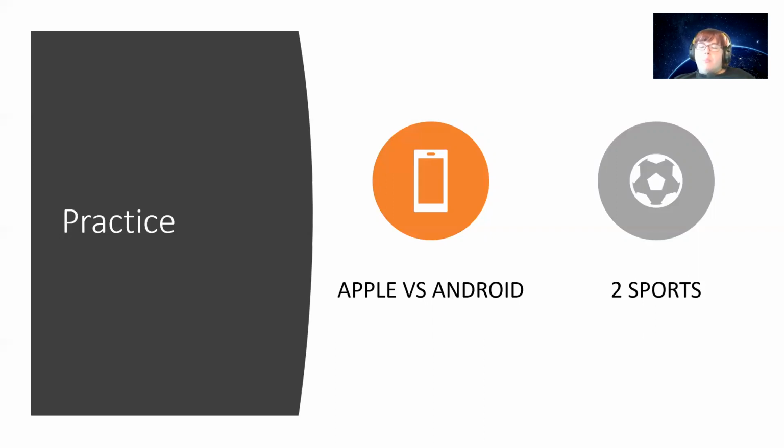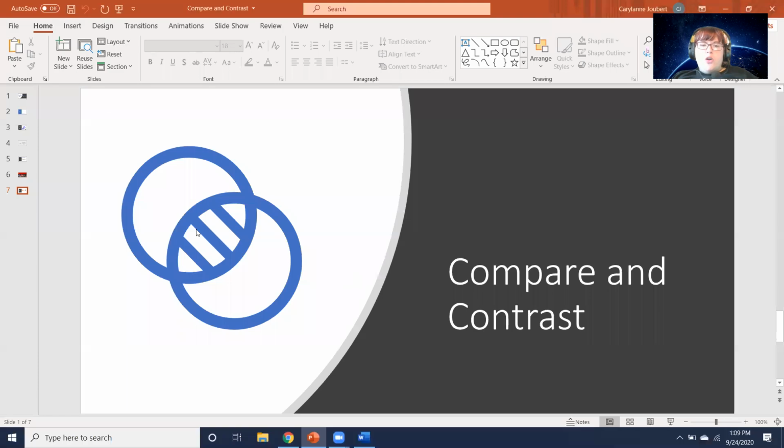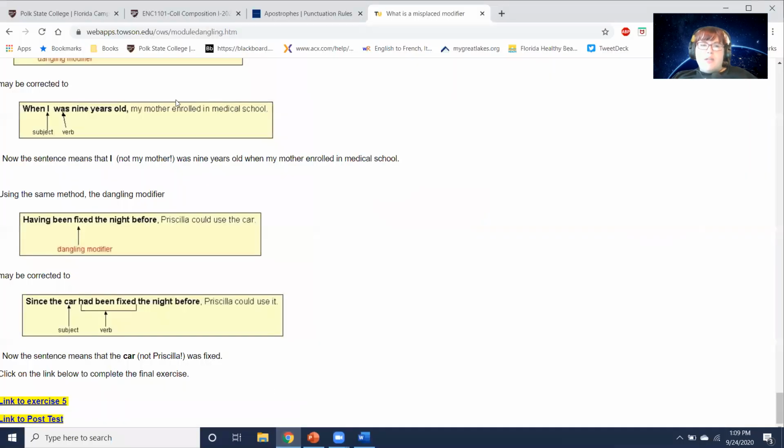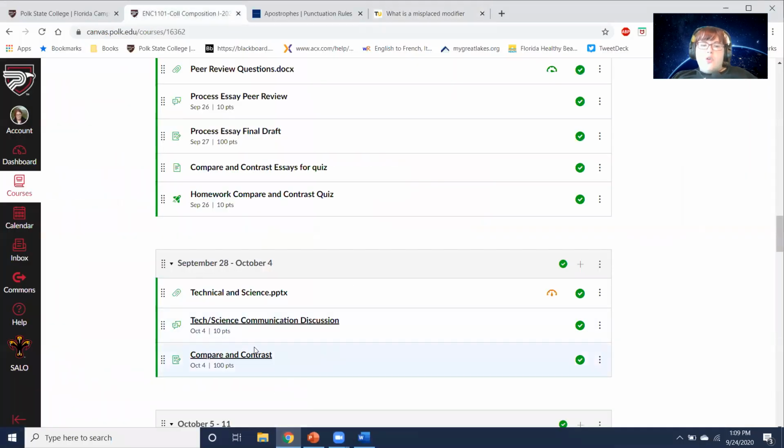So we can do it point by point that way. Depending on the topic and how much you have will depend on which one sounds a little bit better for you to do.